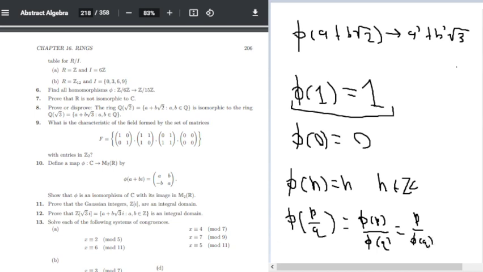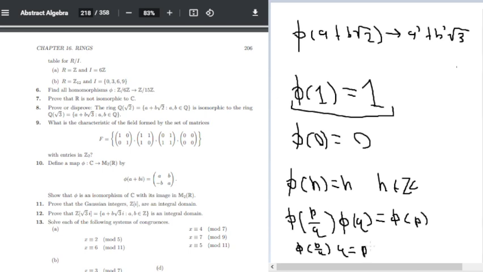And because they're both integers, so yeah. So phi of p over q times phi of q equals phi of p, which implies that phi of p over q is equal to p over q.